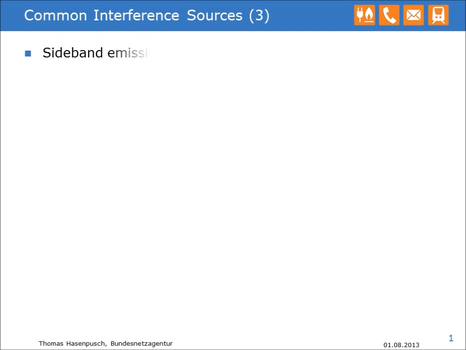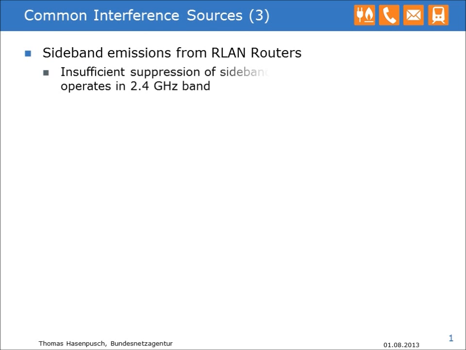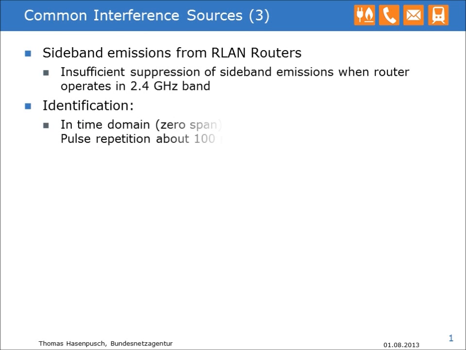And the second common interference source that we found is sideband emissions from alarm routers operating in the 2.4 gigahertz band with insufficient suppression of the sideband emissions. We can identify them also in zero span. We have different pulse lengths depending on the traffic on that alarm router, but we have much larger pulse repetition times, about 100 milliseconds.